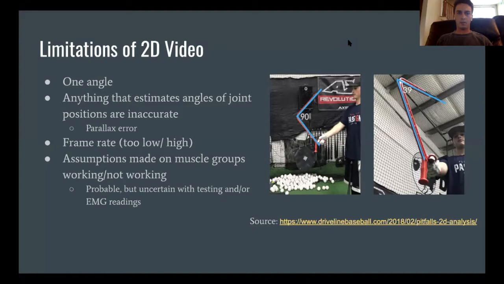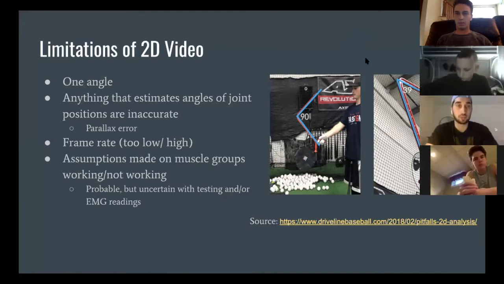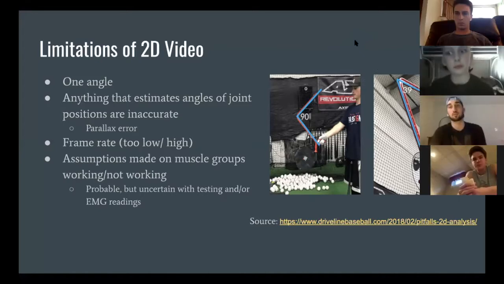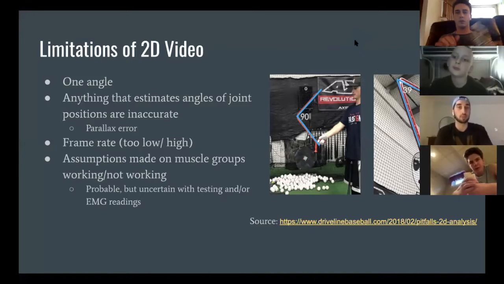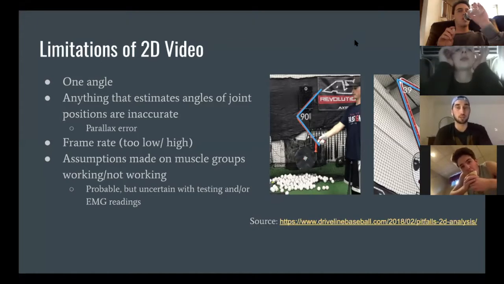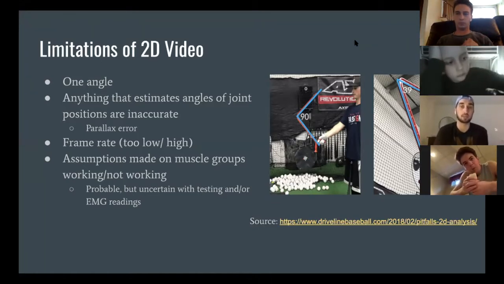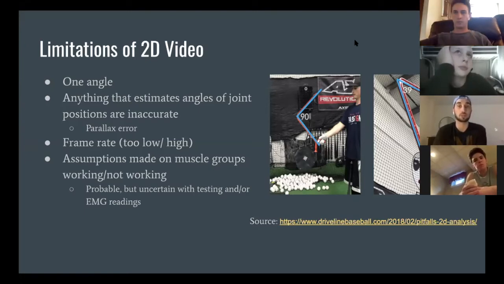And then Matt, you had a point on frame rate and using that to look at stuff too. Yeah. So I know we show you guys regular video at 30 frames per second, or we'll show you on the high speed camera. Both are great, but both have their own limitations. Showing a freeze frame of something is just one point in time in the delivery, so it's not maybe telling of what you're actually doing.